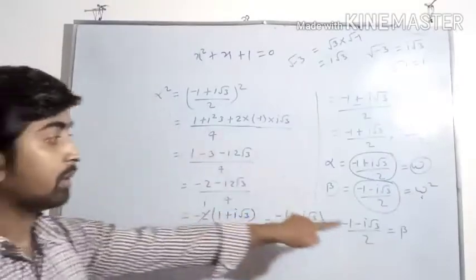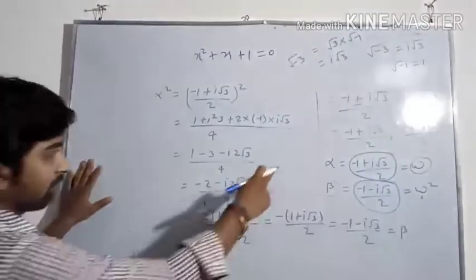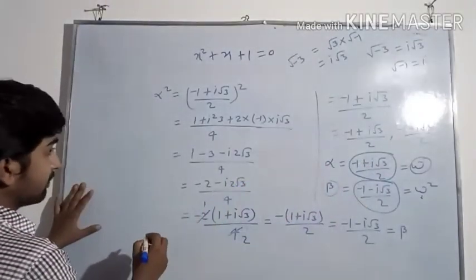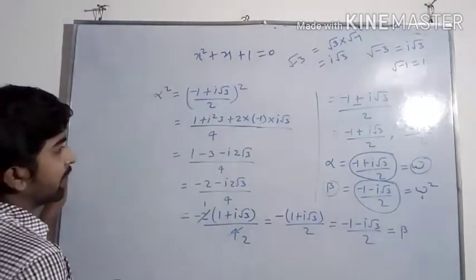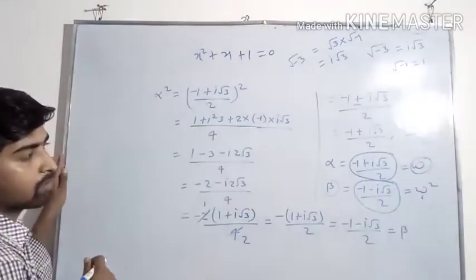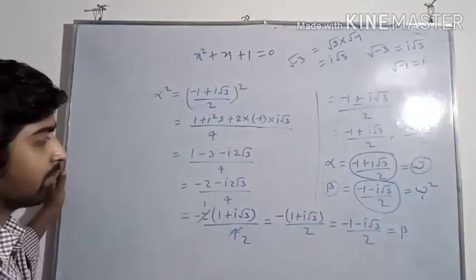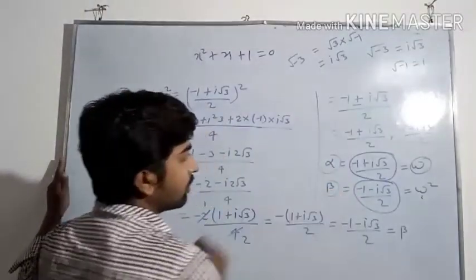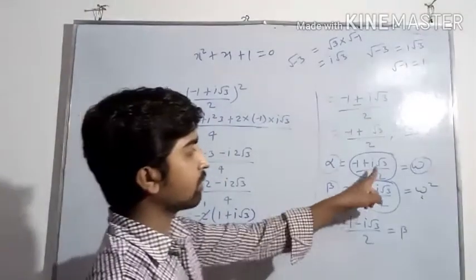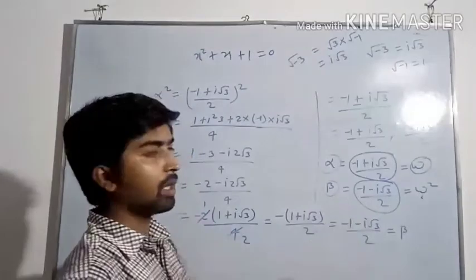Alpha square equals beta, and we supposed alpha as omega and beta as omega square. Square of omega is equal to omega square. So in this way we can see the square of alpha is equal to beta.